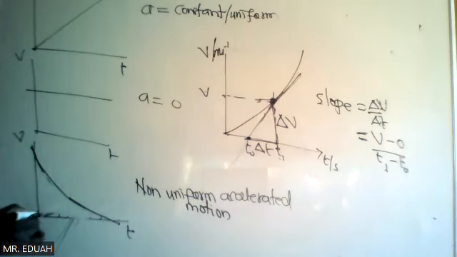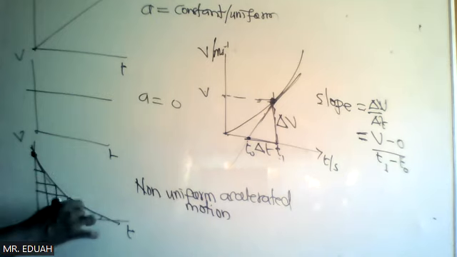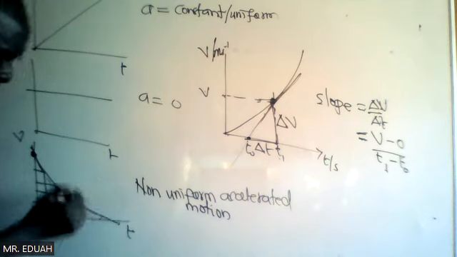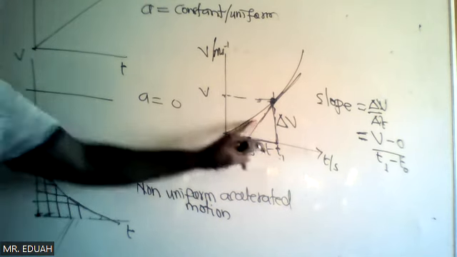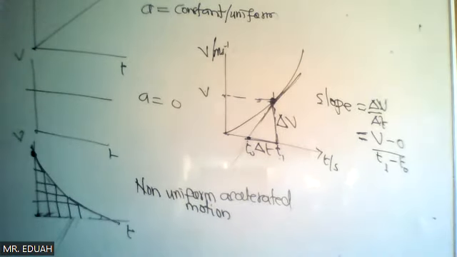At time t equal to 0, this is the velocity. As time increases, the velocity would also be decreasing. So this would give us a non-uniform decelerated motion, whereas this will give us a non-uniform accelerated motion.